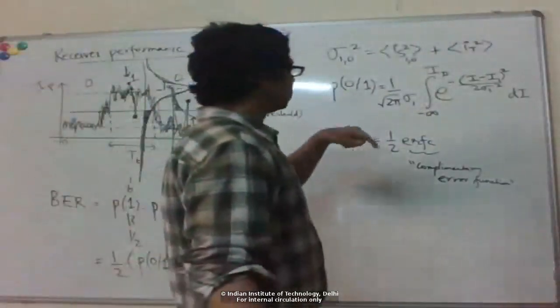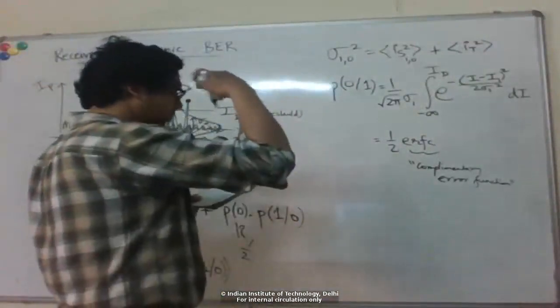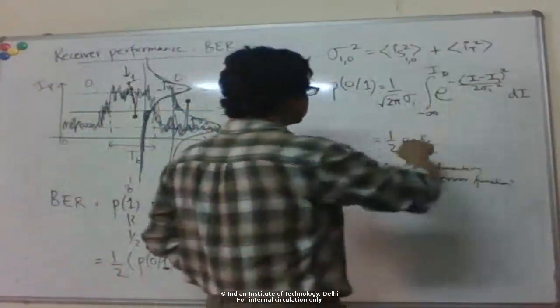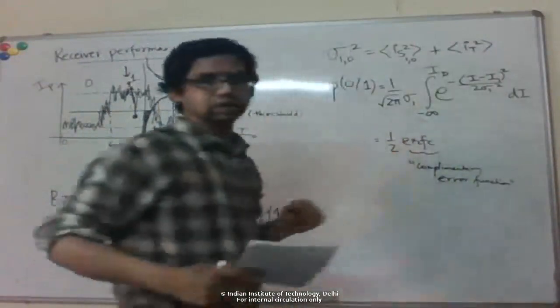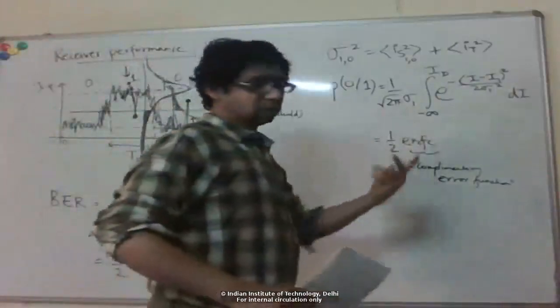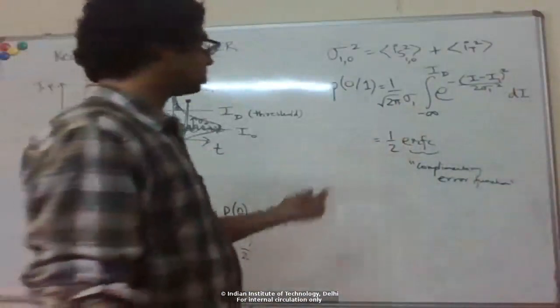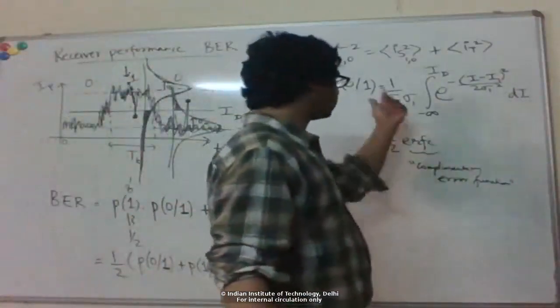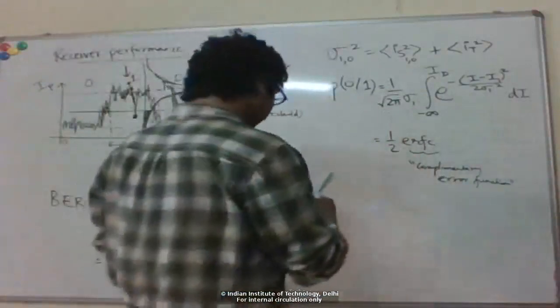One direction is known as the error function and the other as the complementary error function. It shows up in many systems to compute the error, and here it shows up when we calculate the bit error rate.